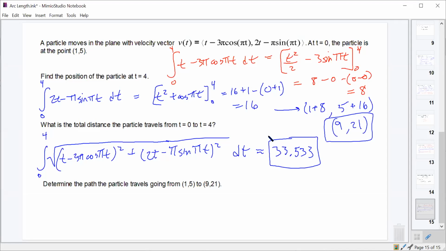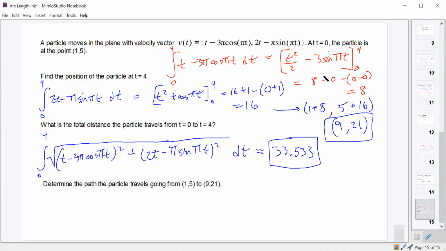And if we wanted to determine the path the particle traveled going from 1, 5 to 9, 21, we'd have to find the position vector, the actual position vector. So we have this t squared plus cosine pi t as our y value, right? That's our y.